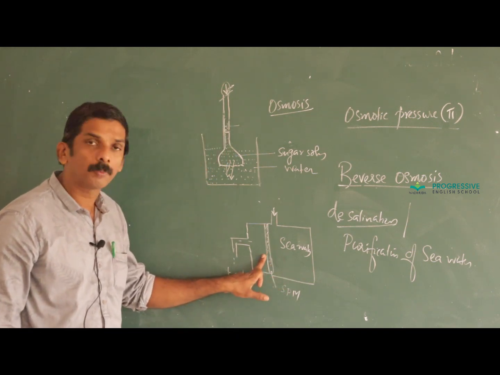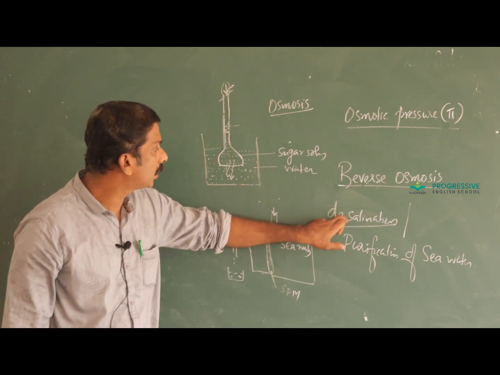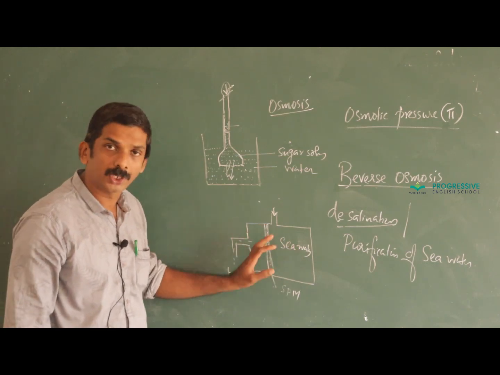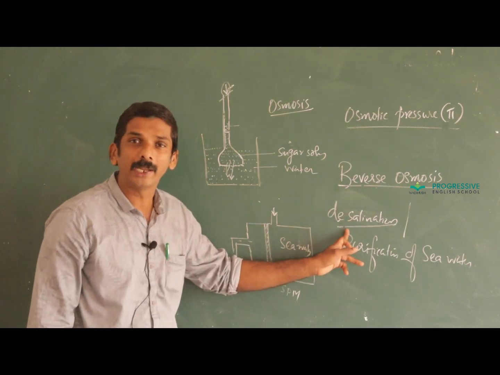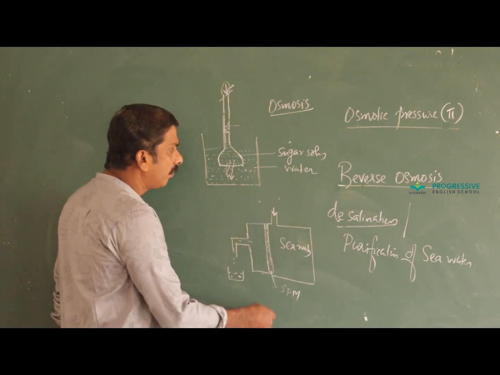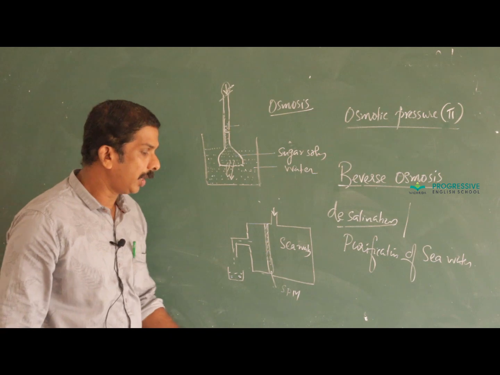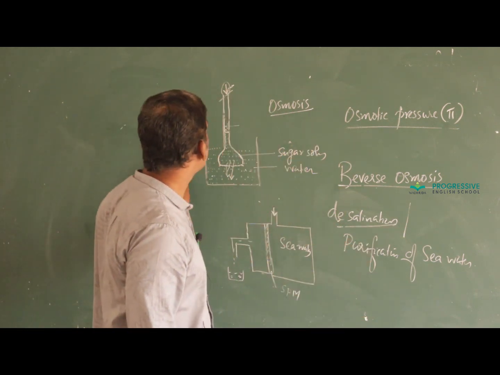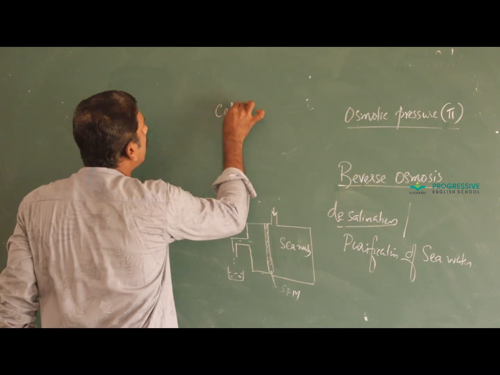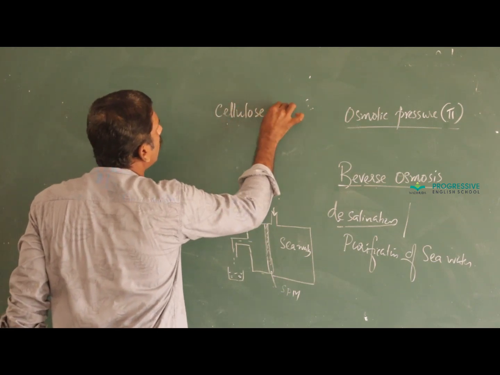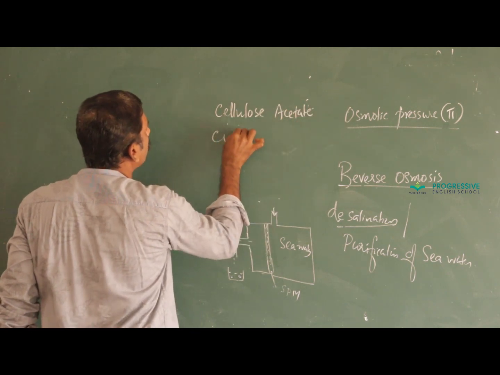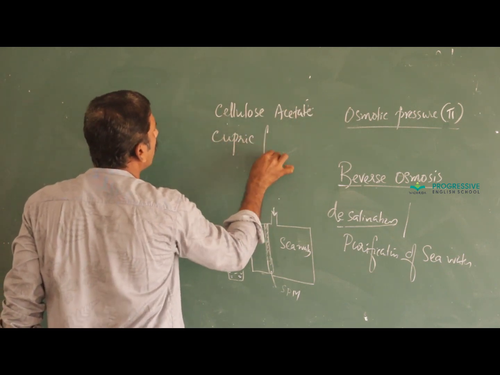That is, the process adopted here is called reverse osmosis, and reverse osmosis is used for the purification of seawater. That is why it is called a desalination process. And the commonly used semi-permeable membrane in reverse osmosis is cellulose acetate or cupric ferrocyanide.